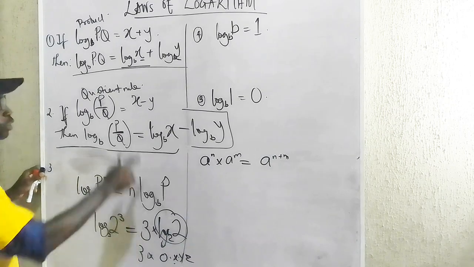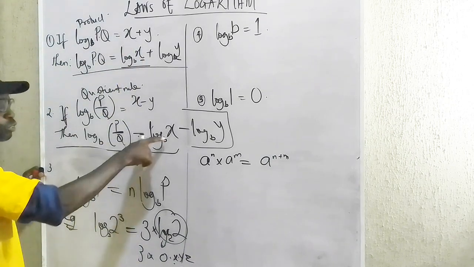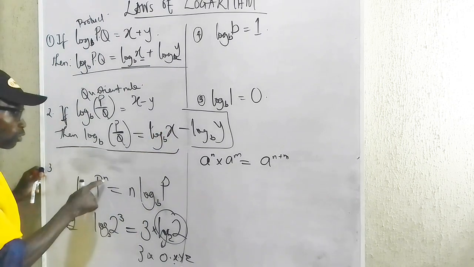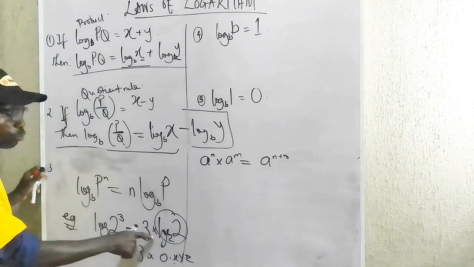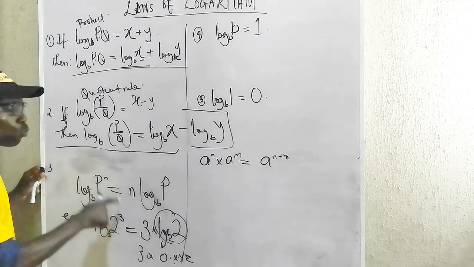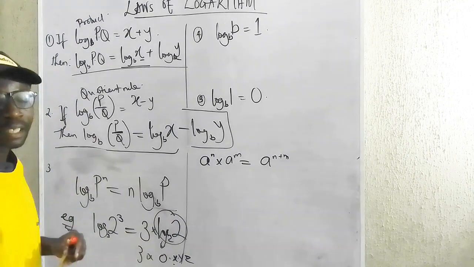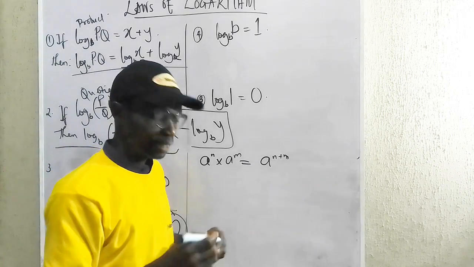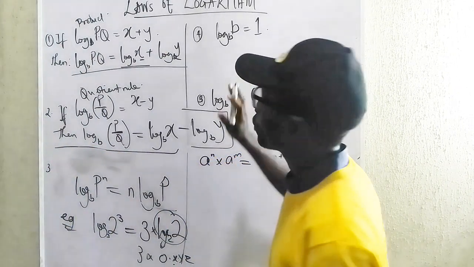So where you have multiplication, you add. Where you have division, you subtract. Where you have the exponent power, you multiply by the power. When you have found the log of this, you look it up in the log table or check with the calculator.